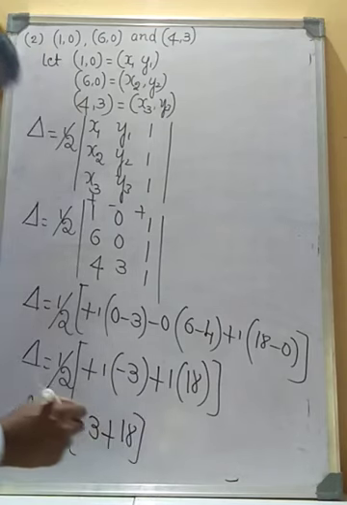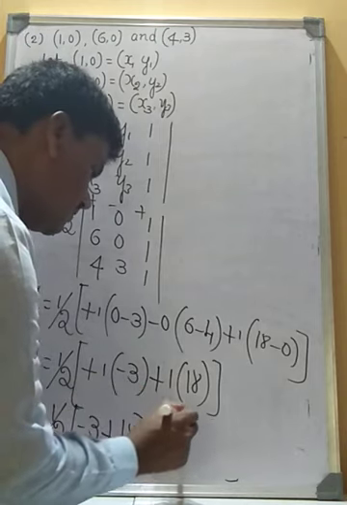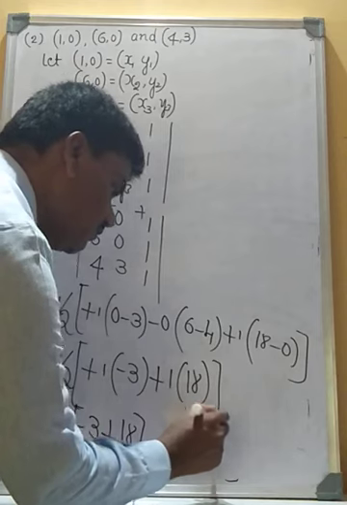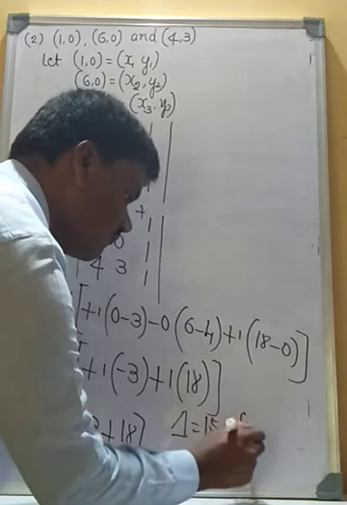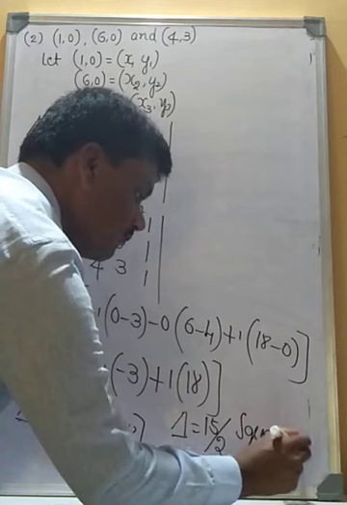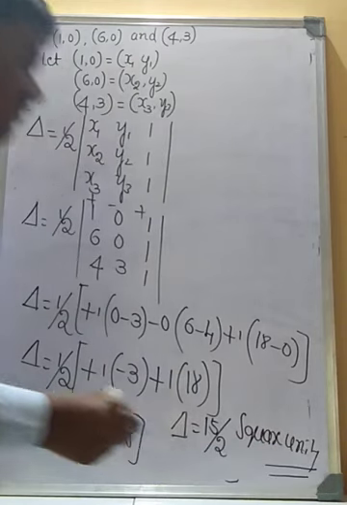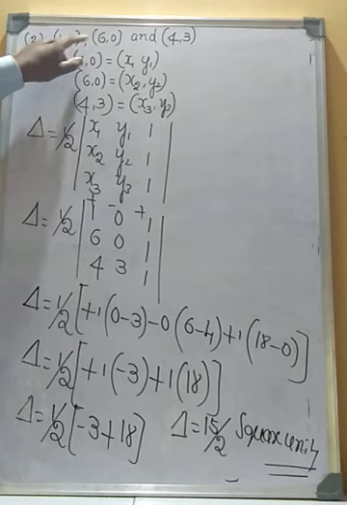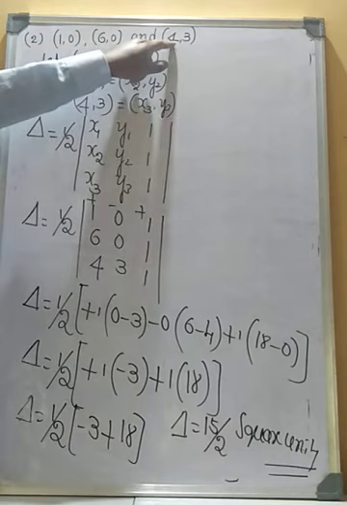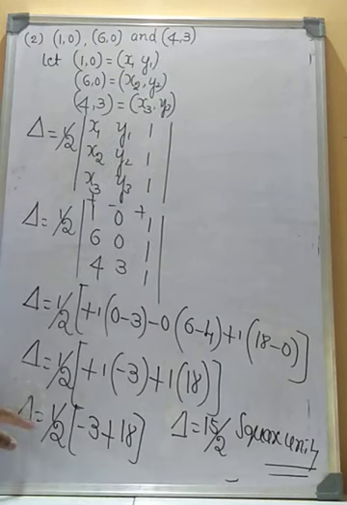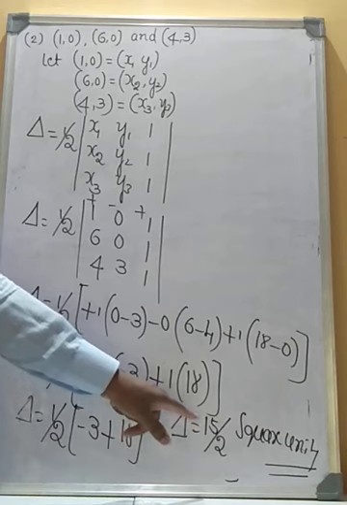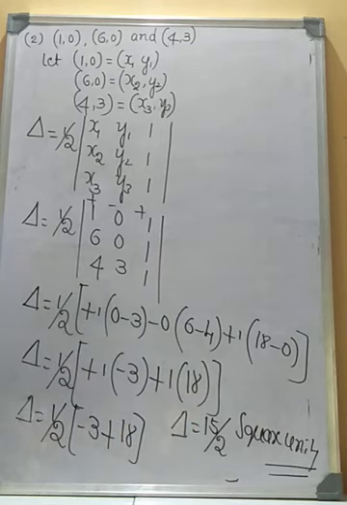So delta is equal to 18 minus 3, 15 divided by 2 square units. The area of the triangle whose vertices are 1, 0, 6, 0 and 4, 3 is 15 by 2, or 7.5 square units.